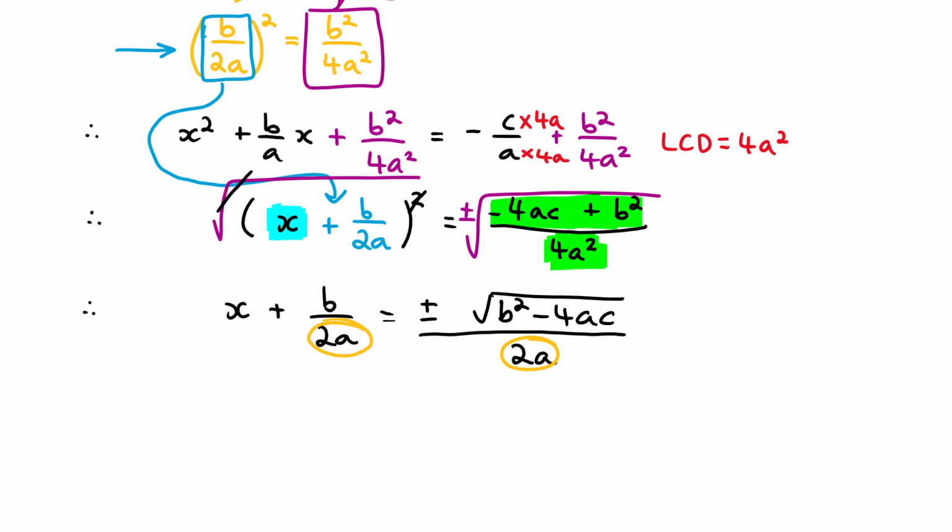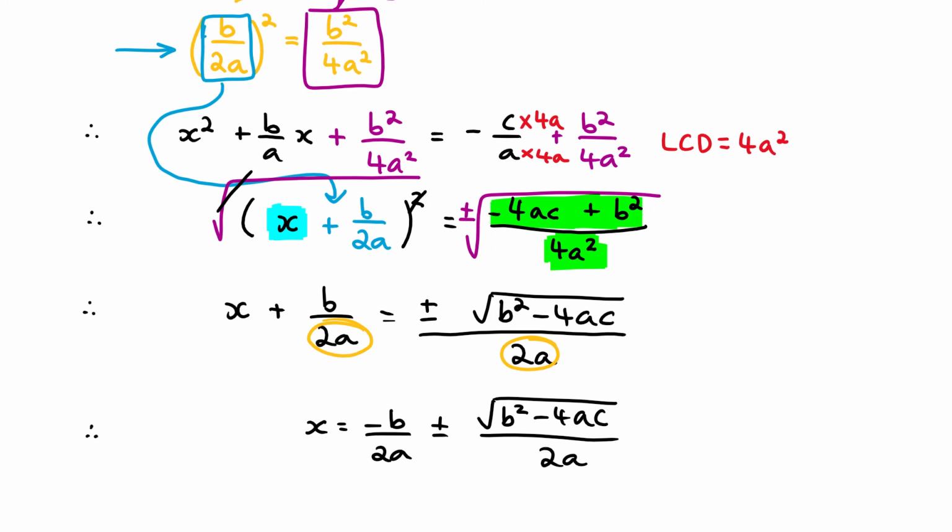So when we simplify and we take that b over, we're going to get x is equal to minus b over 2a plus or minus the square root of b squared minus 4ac over 2a. But because we've got the same denominator there and there, we can write it as one fraction: minus b plus or minus the square root of b squared minus 4ac, all divided by 2a.